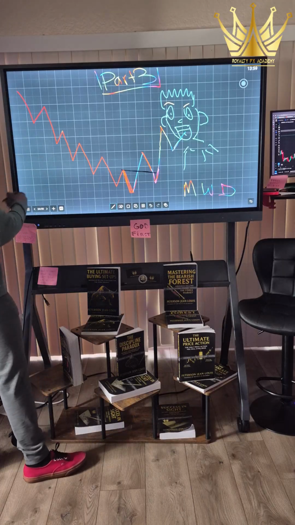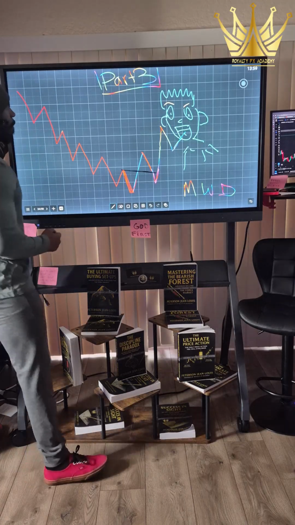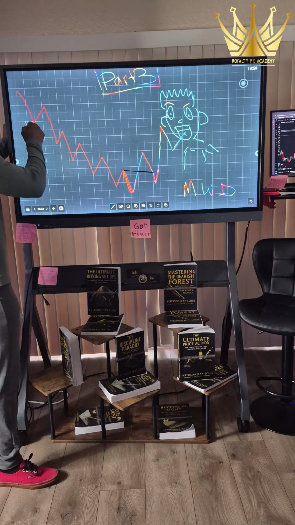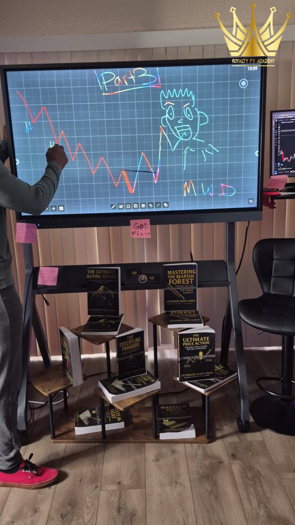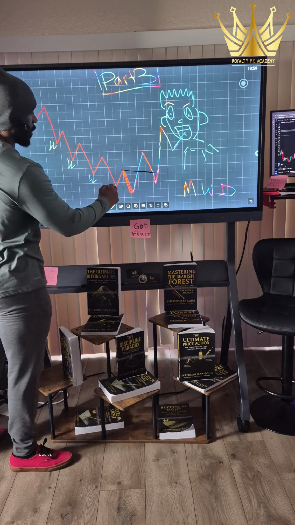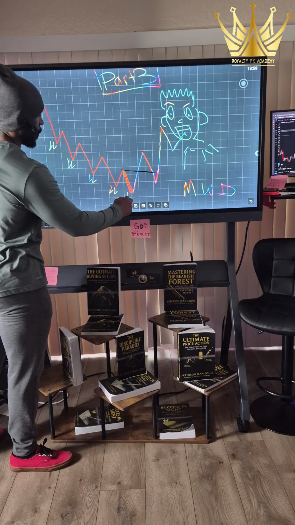Again, in a selling market, a downtrend, or a bearish market, we're going to get lower lows, where each low is lower than the previous low. That's why we call it a lower low.